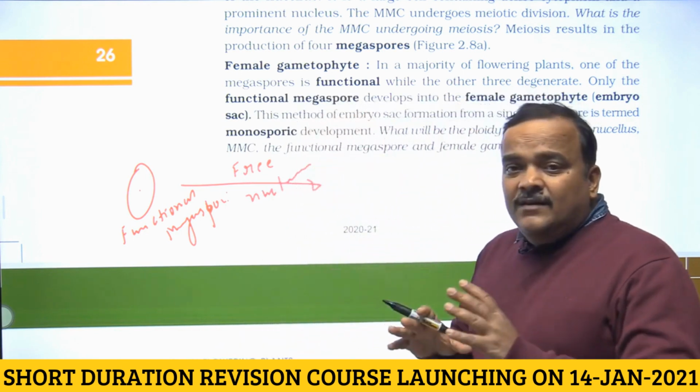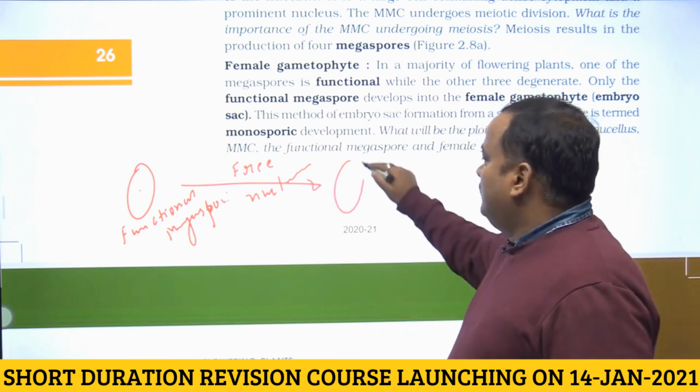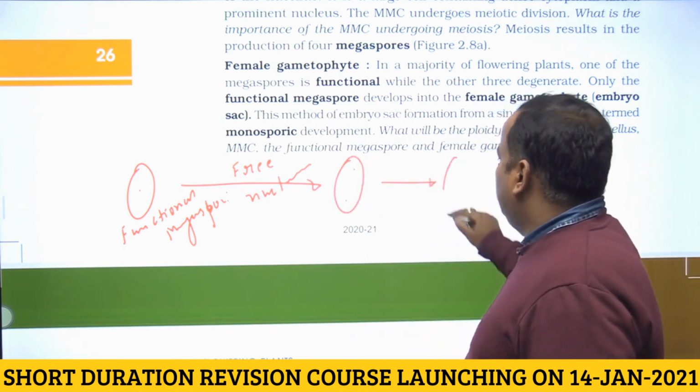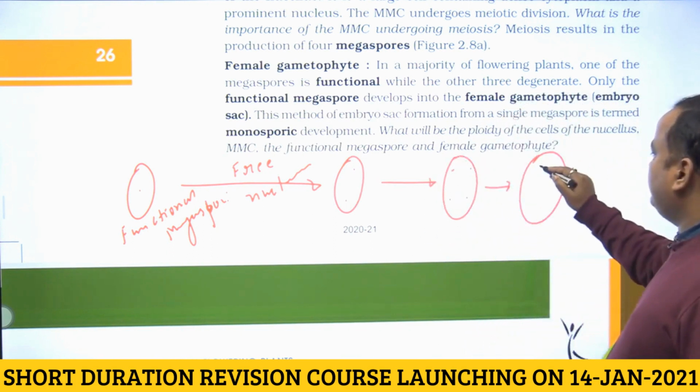That means division of the nucleus is not followed by division of cytoplasm. So this is first, this is second, and this is third.